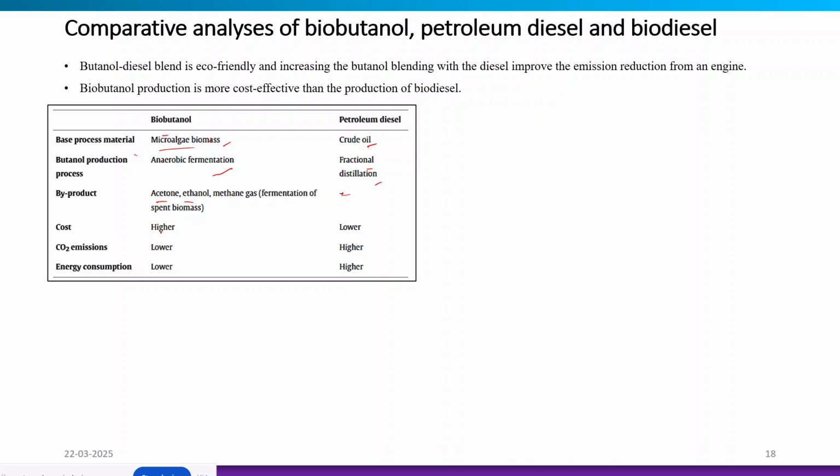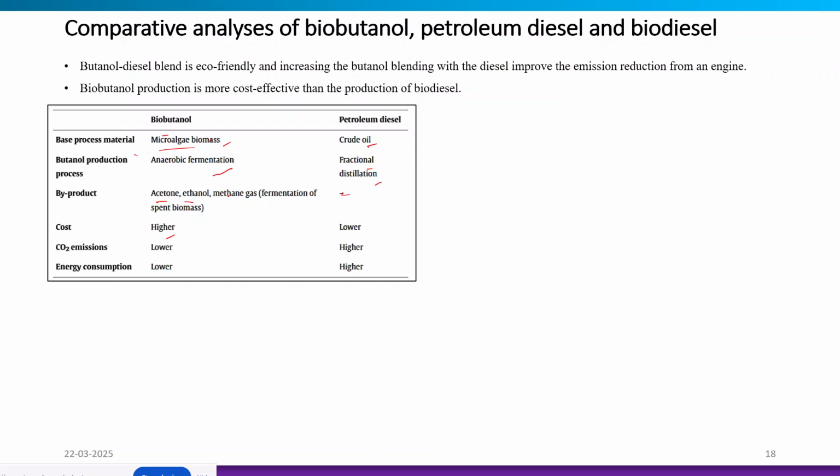In this case the cost of biobutanol production is higher, because with microalgae biomass we are maintaining anaerobic conditions for the fermentation and the distillation process.